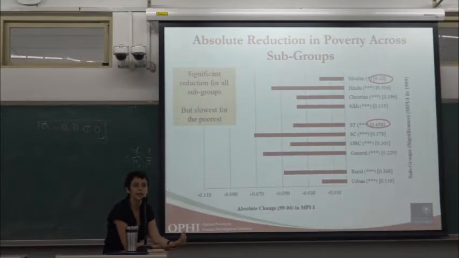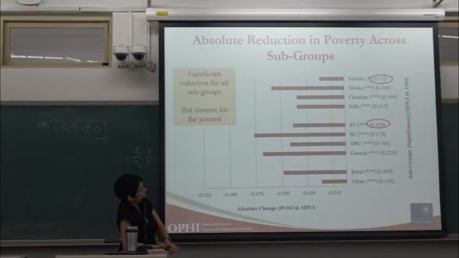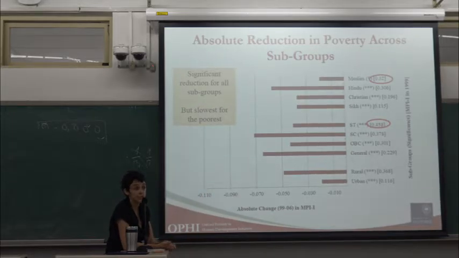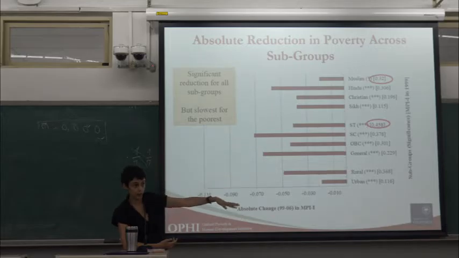But what's the other thing that is also a little bit of a less good story? It is that the poorest group, the Muslims, who now have an MPI of 0.32, was the one that reduced the least. So it's the opposite of what we are seeing with the regions of Nepal, where the poorest reduced the most.